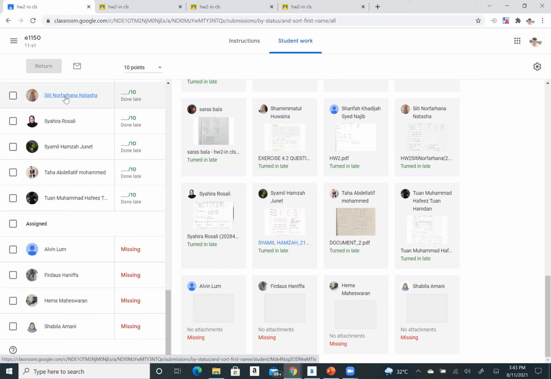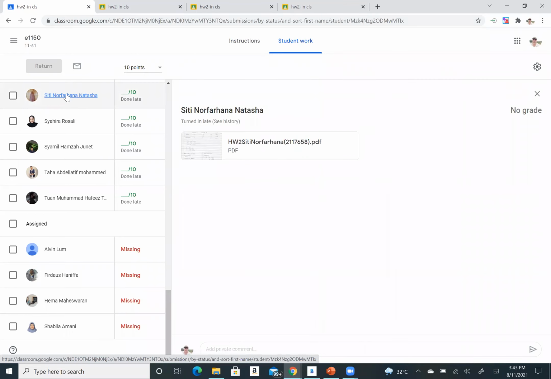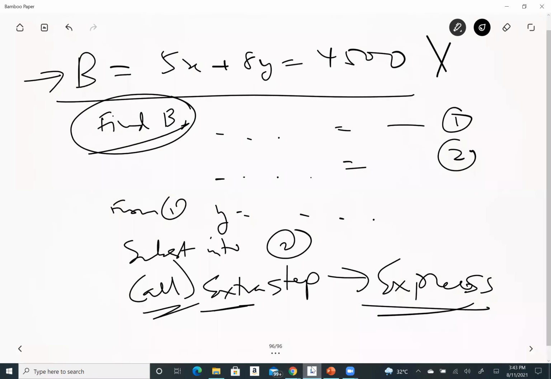For example, Siti, Nur Farhana, Natasha. So this is how you should write down your name. Your first name, your second. This is the most important. This is the second most important.